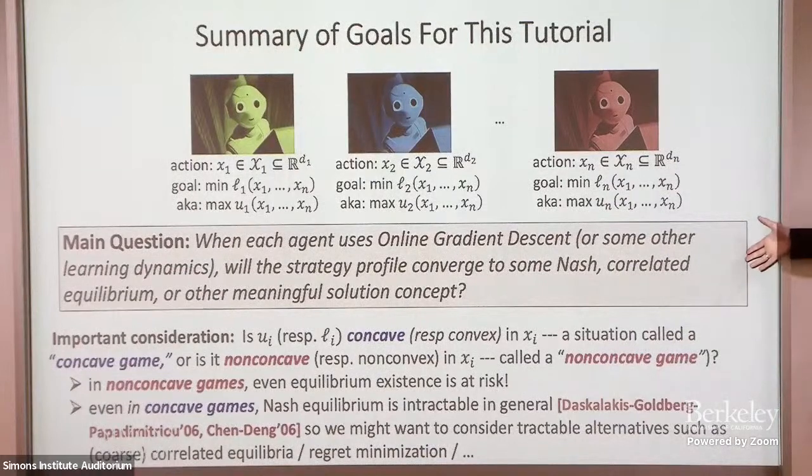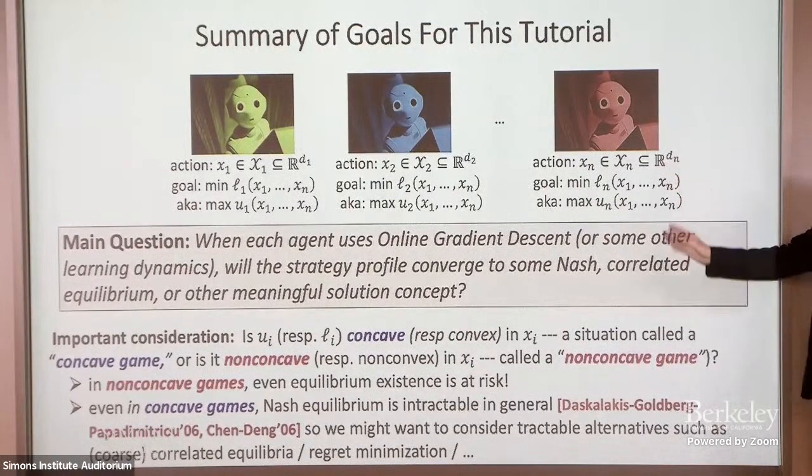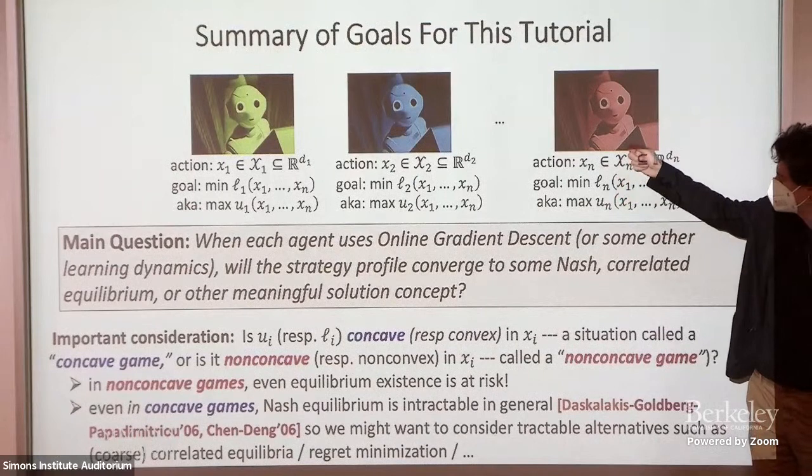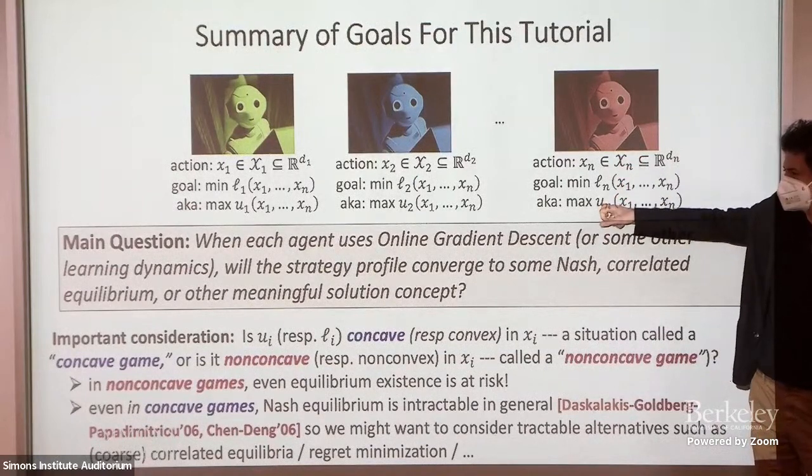And the main question I'm going to be asking is, if they run a simple method like online gradient descent or a variation of that, is their joint behavior going to get somewhere meaningful, maybe a Nash equilibrium, a correlated equilibrium, or some other interesting solution concept? Last hour, I made the important distinction about whether the utilities are concave in one's own actions or not.